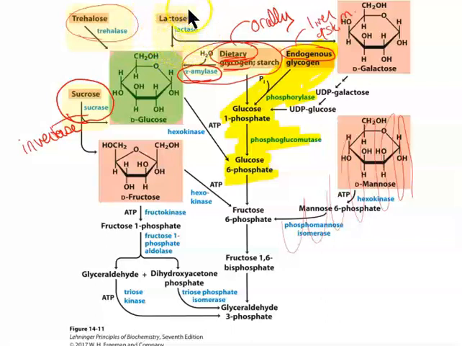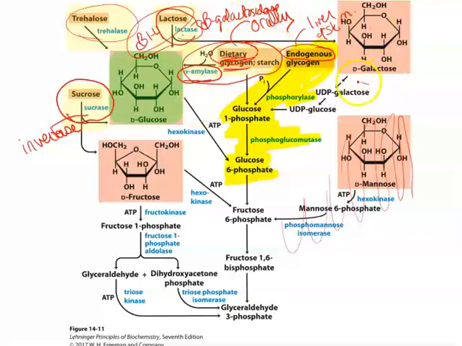Lactose. Lactose is broken down by an enzyme called lactase, also known as beta-galactosidase. And lactase breaks the beta 1,4 linkage in lactose to give us glucose and galactose.